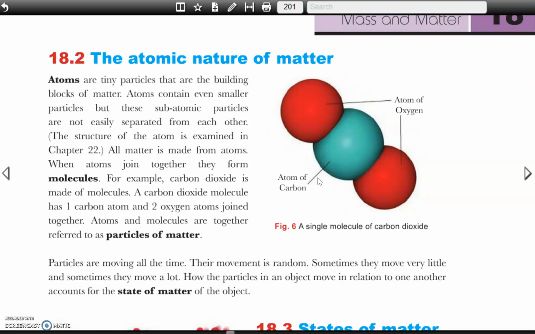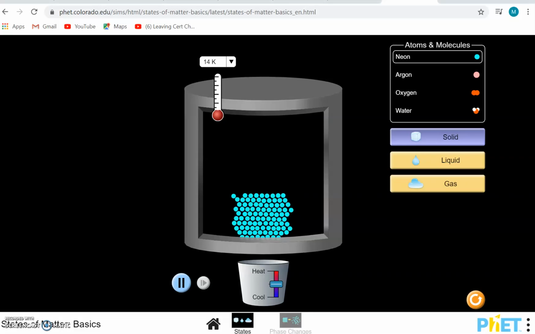We will delve a lot deeper into what atoms actually are, and underneath atoms they're made up of protons, neutrons, and electrons. But that's a chapter further down the line. For now, you just have to see that if you were to take any non-living thing and look really, really closely at it, it would look something like this. You'd have your atoms here all tightly packed together.